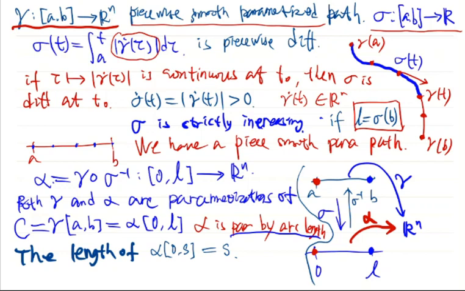So remember, alpha is the composition of gamma and the inverse of sigma. What we have is alpha equals gamma composed with the inverse of sigma.